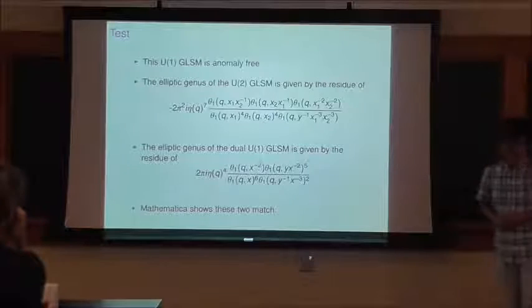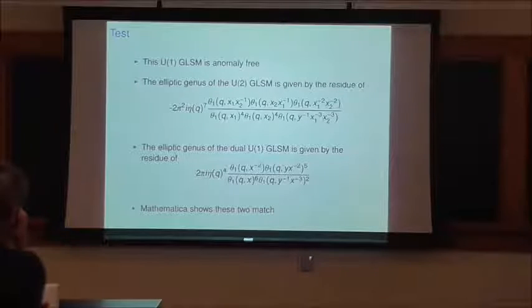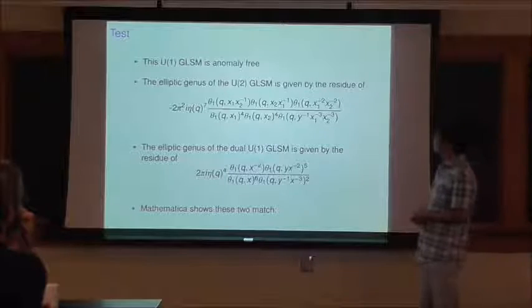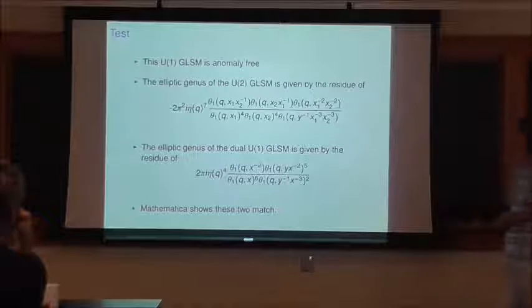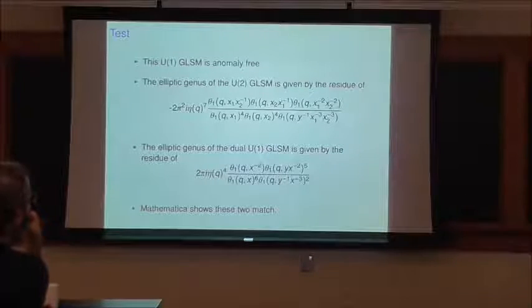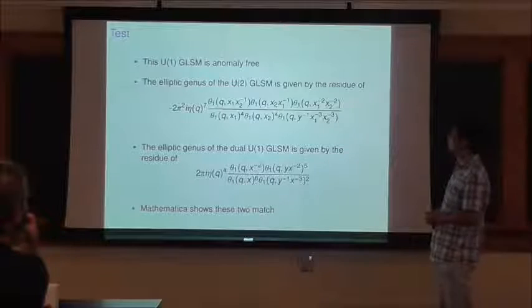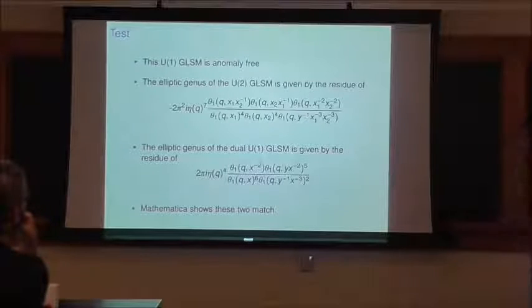Another non-trivial check is that you can compute the elliptic genus of these two theories using the method proposed recently by Benini and collaborators a couple of years ago. It's given by the residue of these complicated looking functions, where theta is the Jacobi theta function, and eta is the Dedekind eta function. And the residue is computed at sigma equals 0, x1, x2 equals 0.